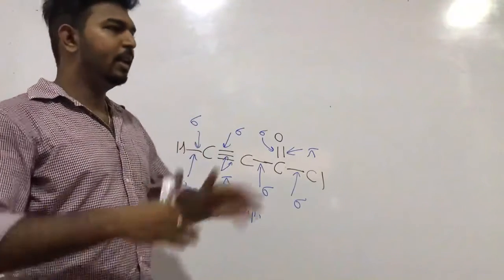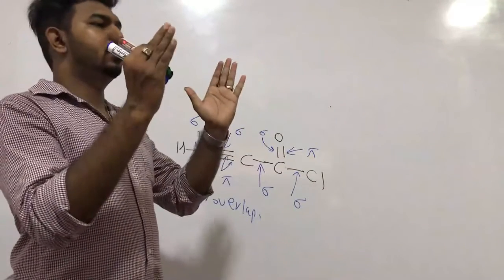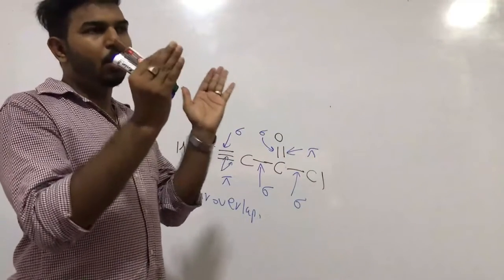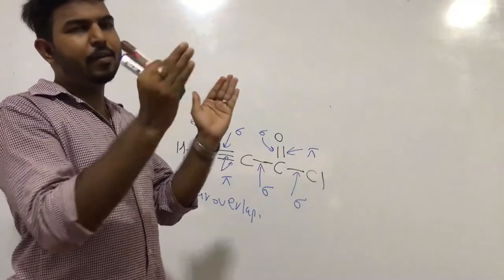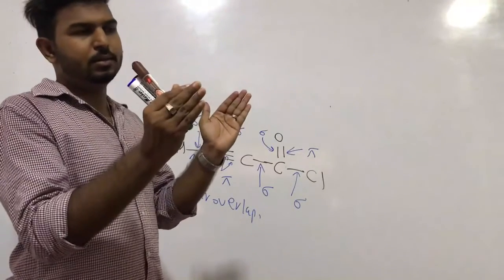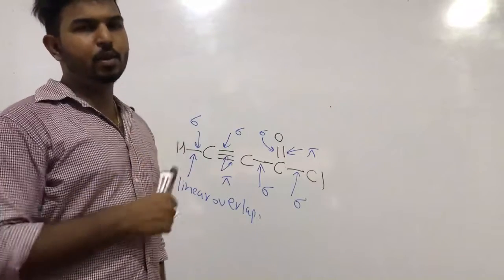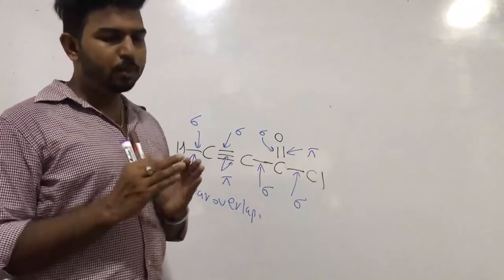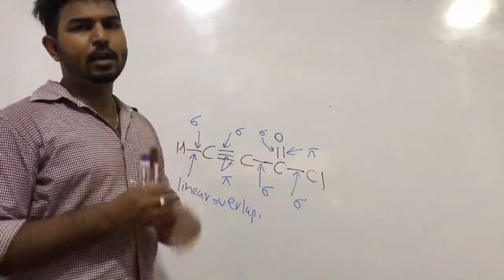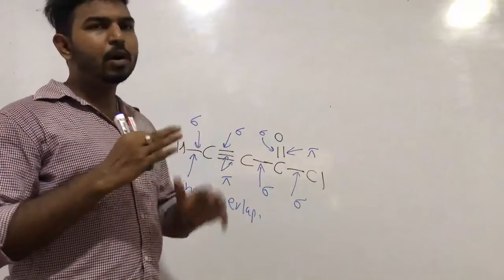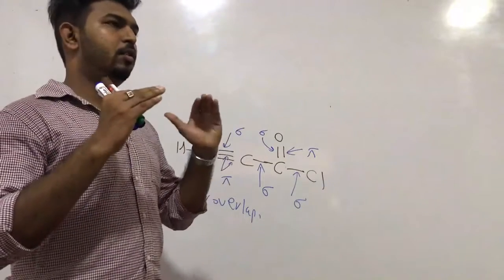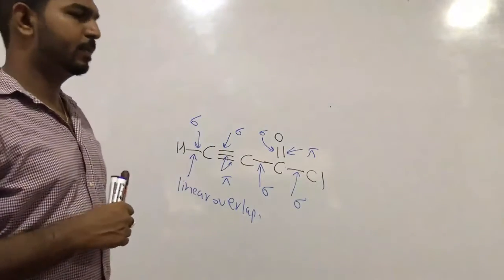Lateral overlapping means they are side by side, and both the orbitals and electrons get attracted at a distance. So the pi bonds are weaker than sigma bonds. Sigma bonds form when linear overlapping occurs, and pi bonds form when lateral overlapping occurs.